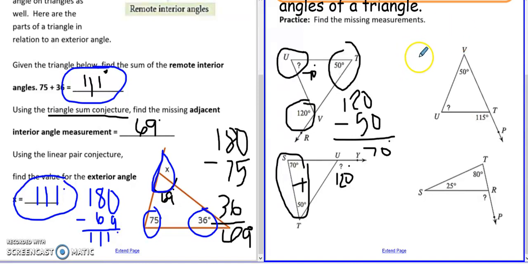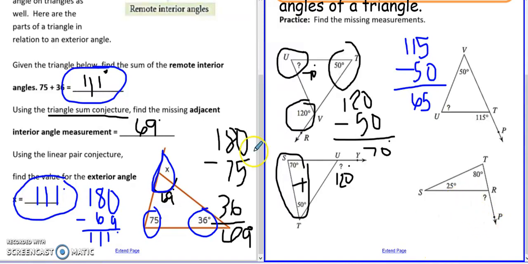All right, I hope you were able to give those a try. For this top right one, we would take the exterior angle measurement of 115, and we would subtract 50 degrees. This would leave us with a total of 65 degrees for that missing angle measurement.